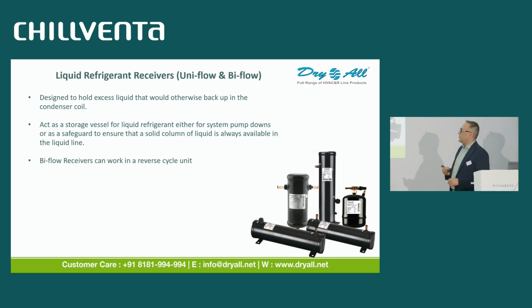Now comes the receiver. A receiver has three major functions. It makes sure that the expansion valve will always get liquid, never refrigerant in gas form, so that the expansion valve can perform properly. The second most important function is that it acts as a storage device.